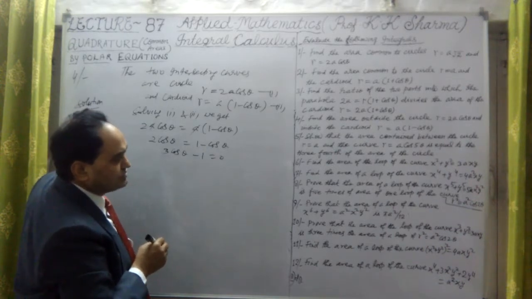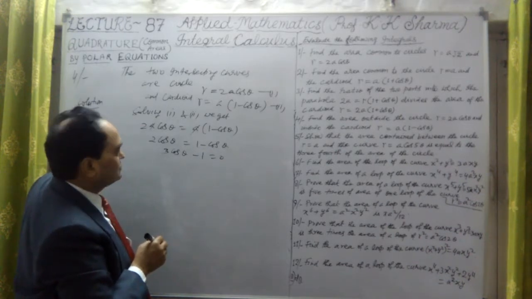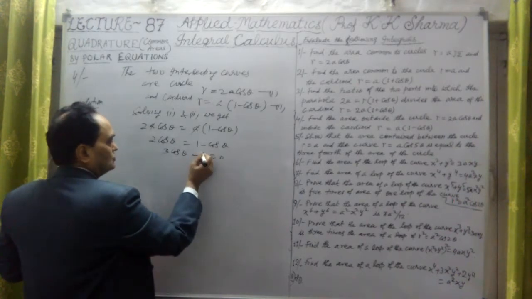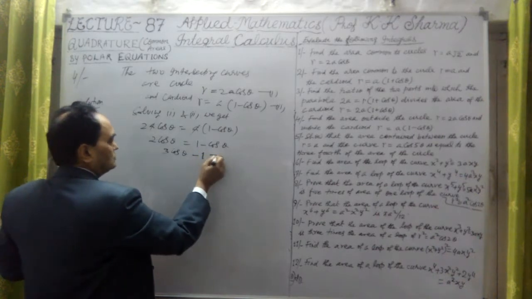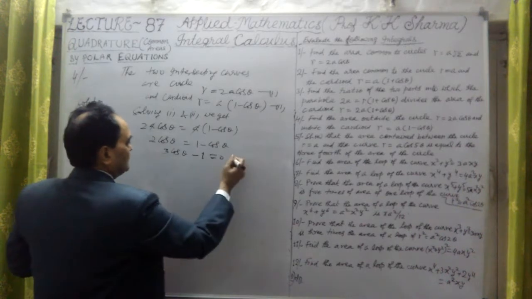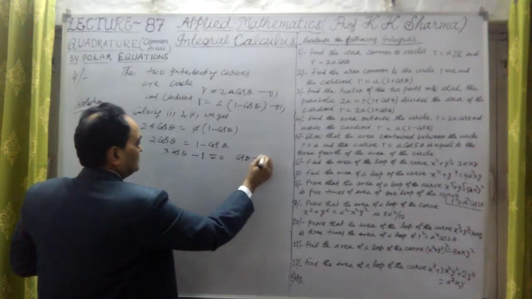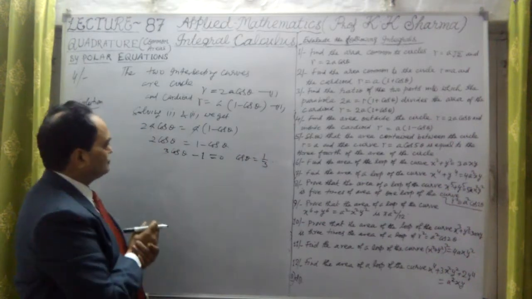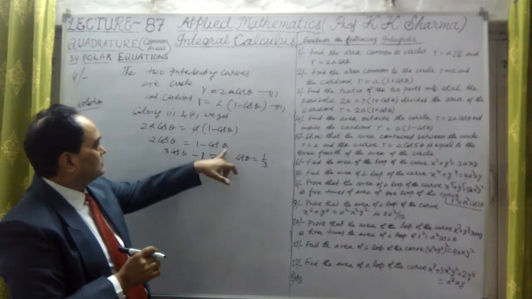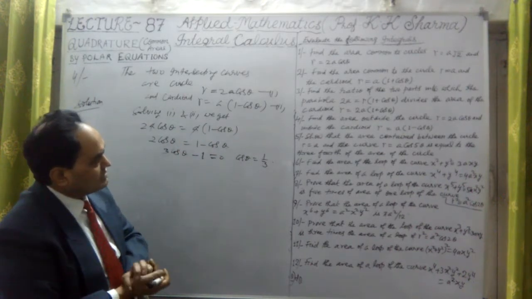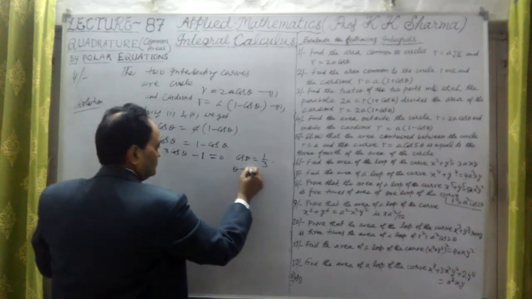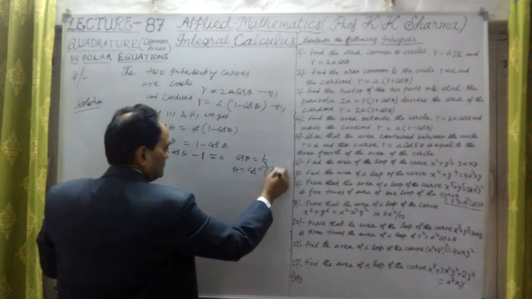So 2 cos theta equal to 1 minus cos theta, 3 cos theta equal to 1, so cos theta equals 1/3. But the angle is not coming, so theta equal to cos inverse of 1/3.